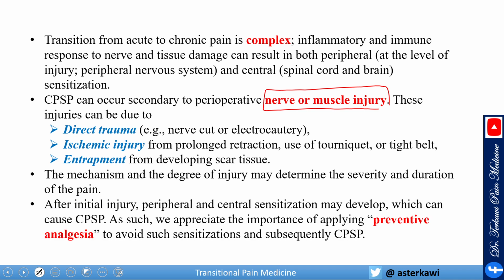After the initial injury, peripheral and central sensitization may develop, which can cause chronic post-surgical pain. As such, we appreciate the importance of applying preventive analgesia to avoid such sensitization and subsequent chronic pain.